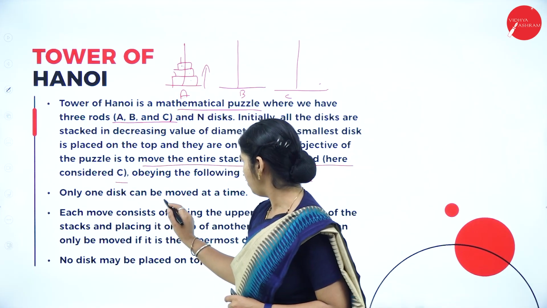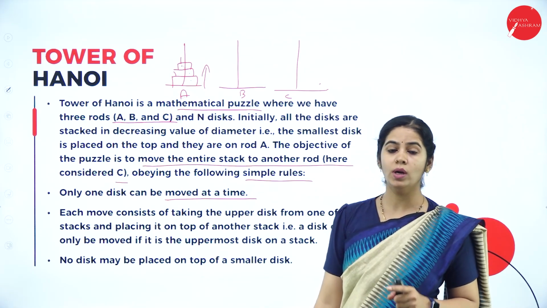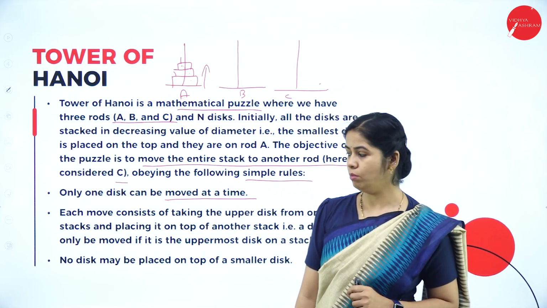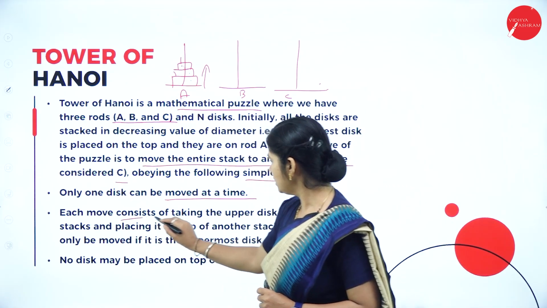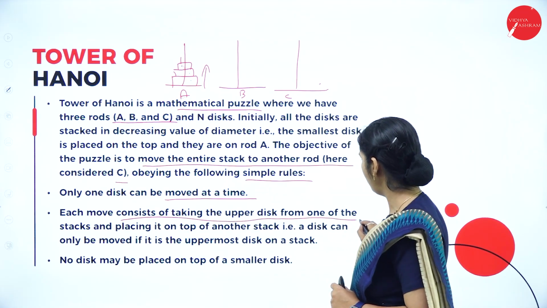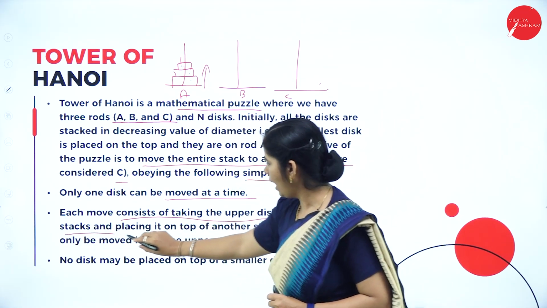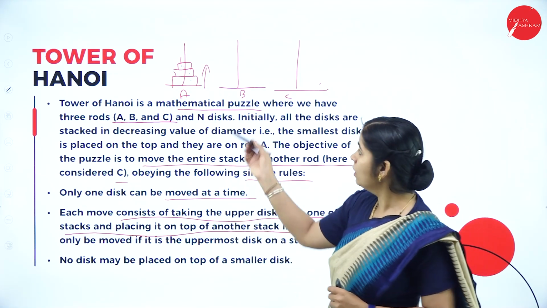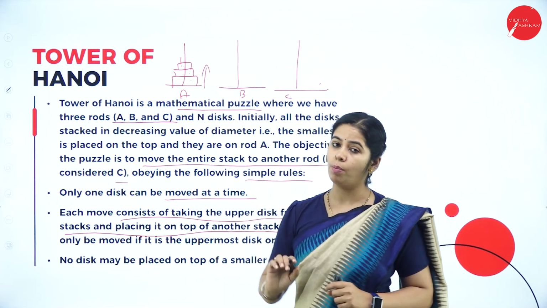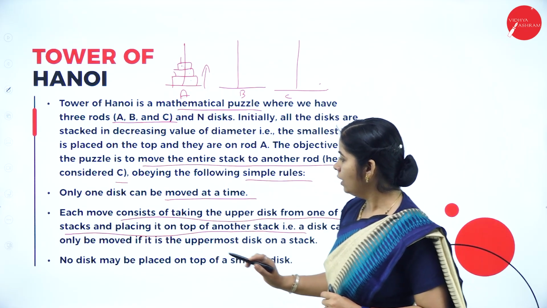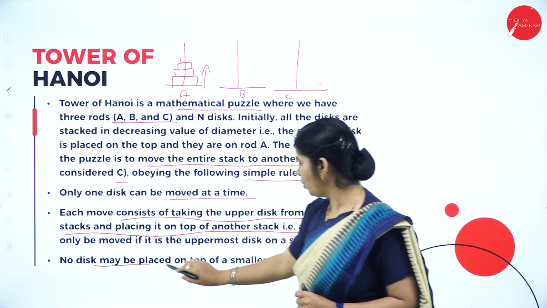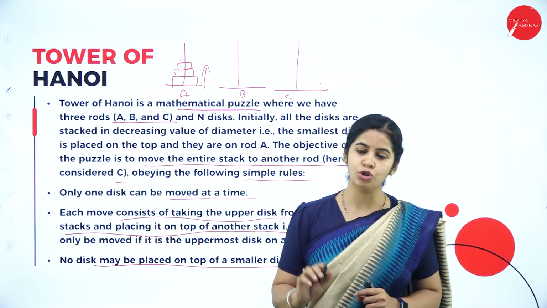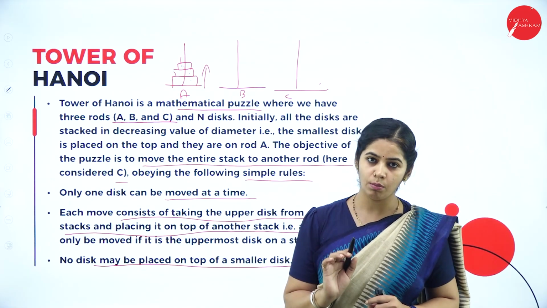Only one disk can be moved at a time. Each move consists of taking the upper disk from one of the stacks and placing it on top of another. We can place one disk on top of the other, but what is the condition? A smaller disk should not be at the bottom.